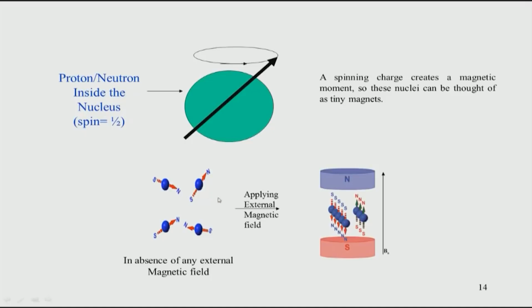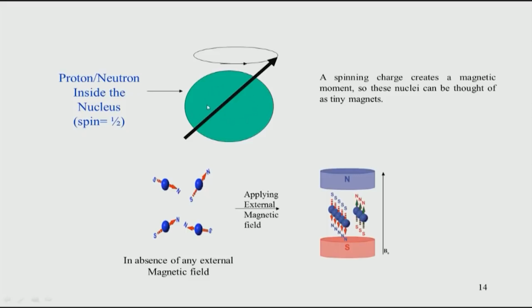However, if you apply a magnetic field, what happens is that the nuclei have a spin and they have a charge. Remember, the total nuclear charge is positive because of protons. So, the nucleus is charged positively, and at the same time it has a spin associated with it. This combination of charge and spin renders it magnetic.